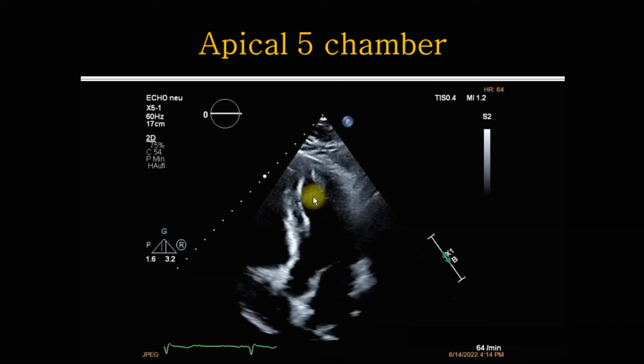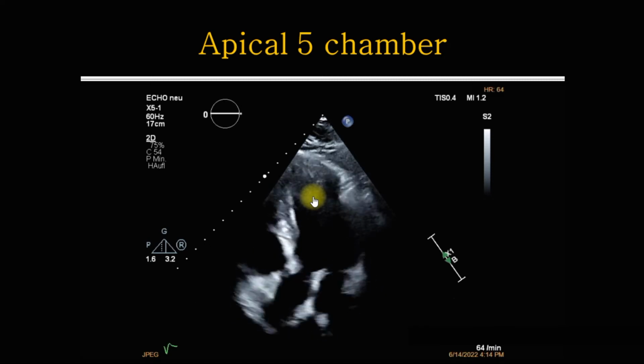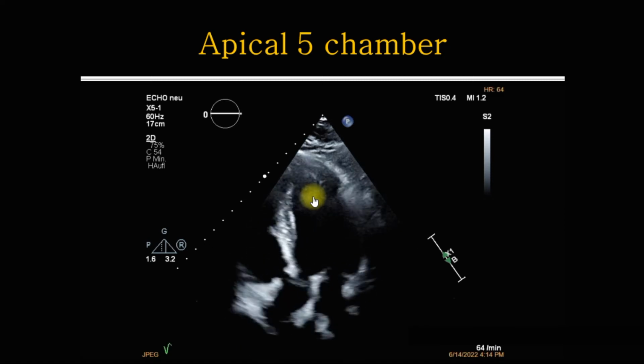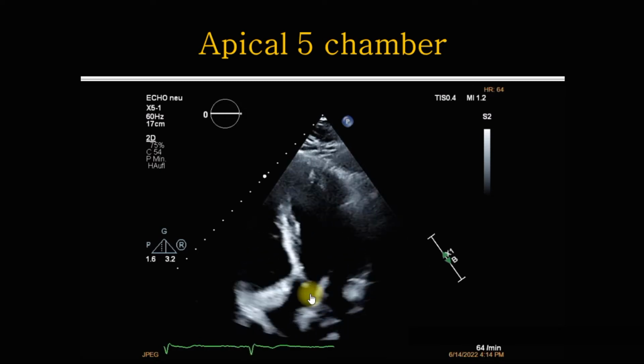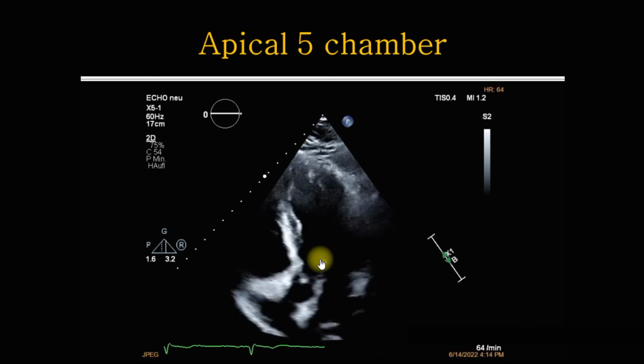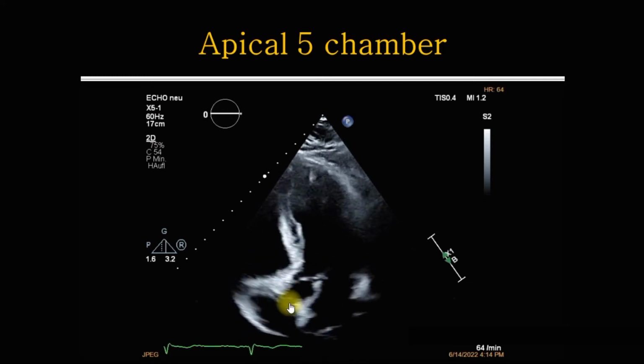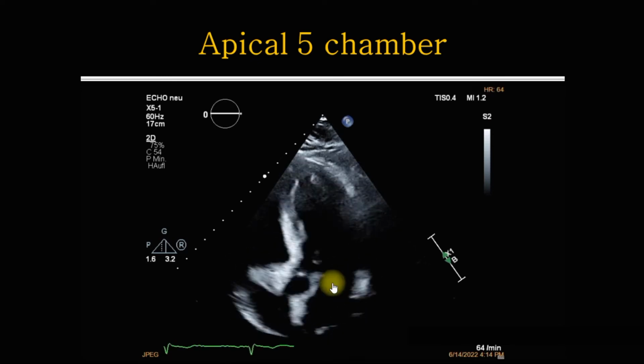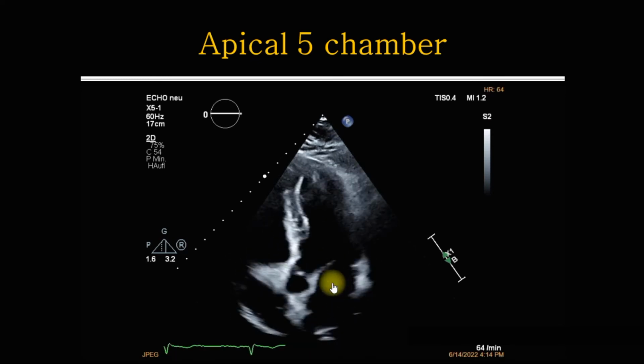From the apical 4-chamber view, all you have to do is to tilt the probe slightly downward. You will get the apical 5-chamber view, excuse me. It is not really a 5-chamber view because the aorta is not a chamber, but we call it an apical 5-chamber view.